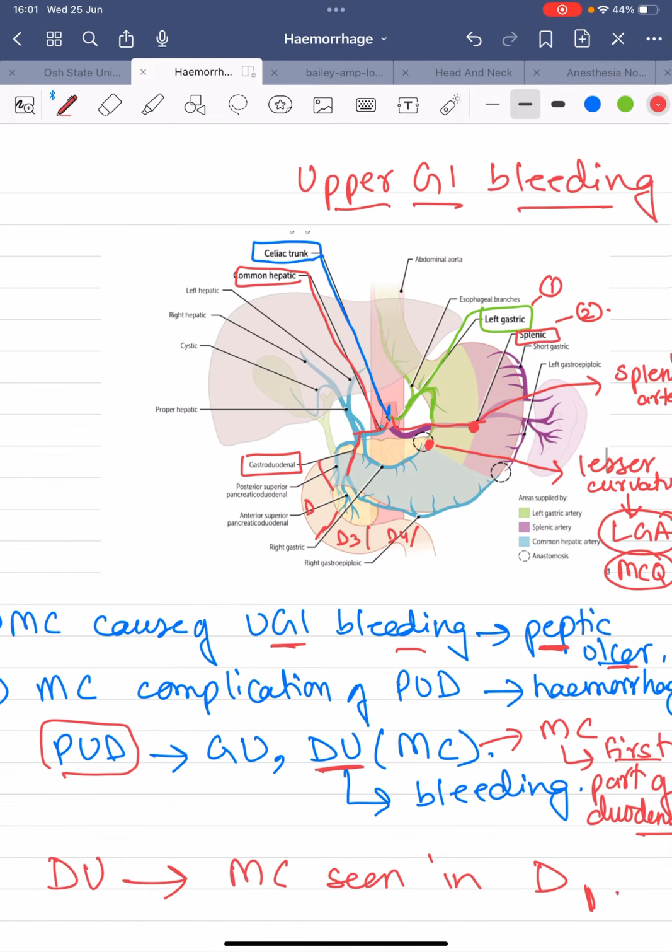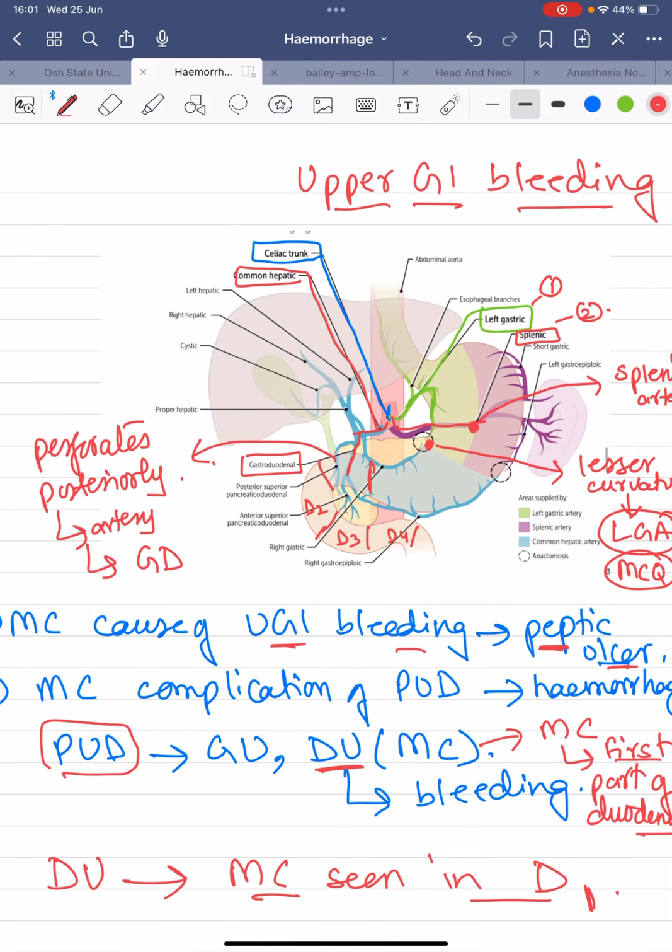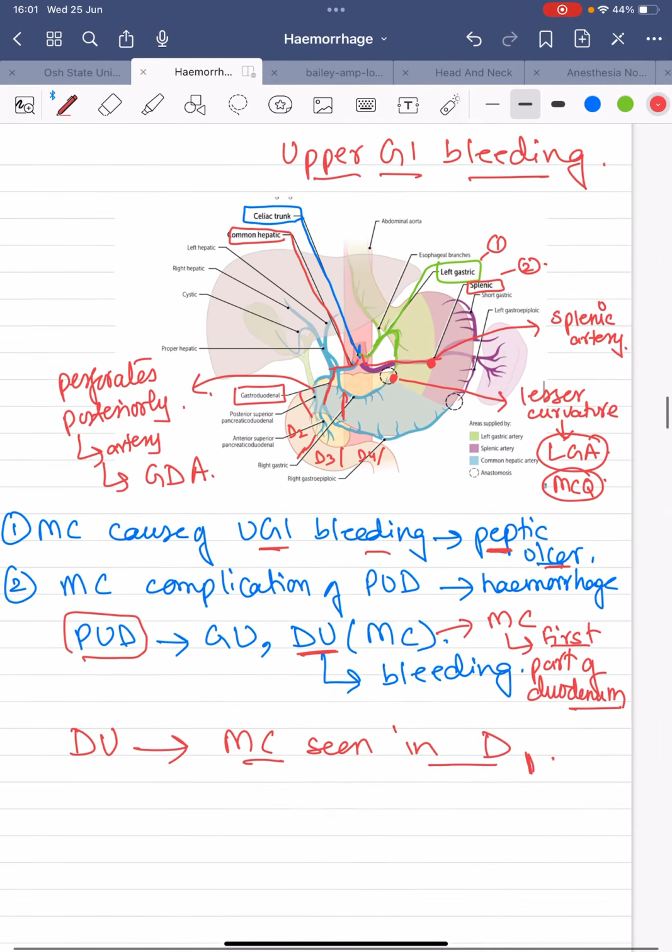Most commonly the duodenal ulcer is seen in D1, and if the duodenal ulcer perforates posteriorly, not anteriorly, then the artery which is going to bleed, answer is gastroduodenal artery.